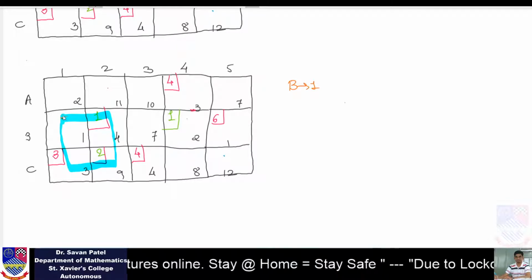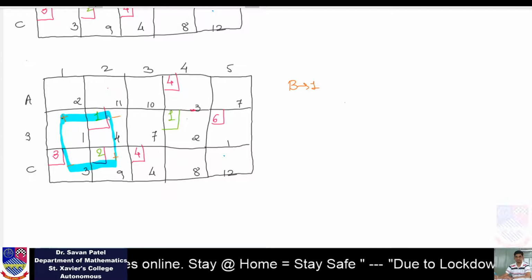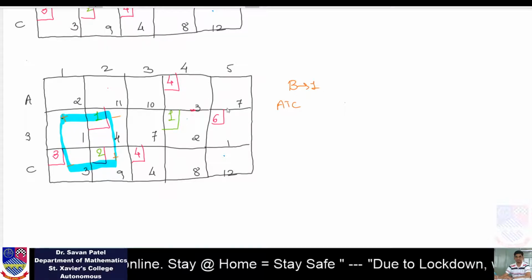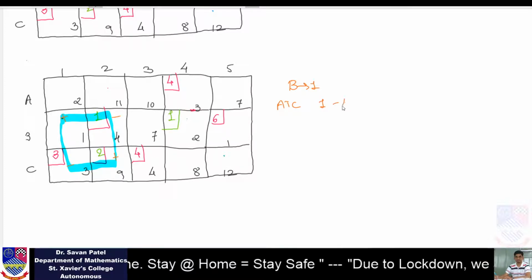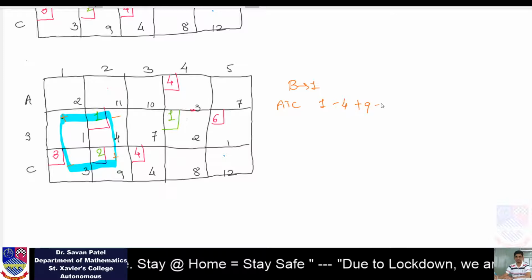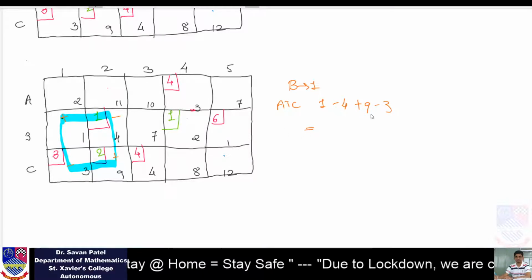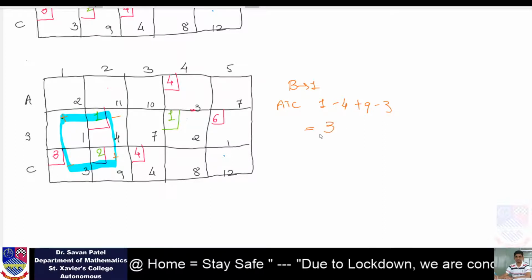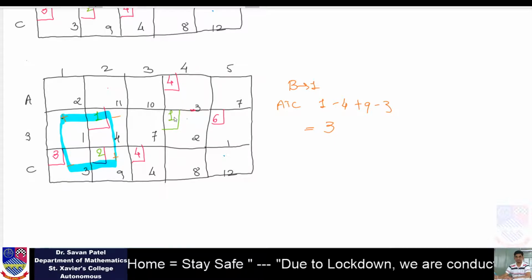So here we will have plus, here we will have minus, plus, minus. So the additional transportation cost on transferring from B to 1 is here plus 1, here minus 4, here plus 9, here minus 3. So the sum is minus 3 plus 9 is 3. Okay. So transferring from B to 1 is again not feasible.